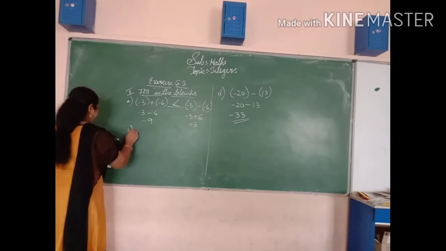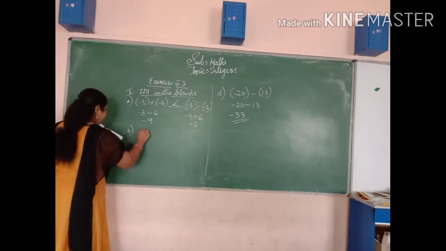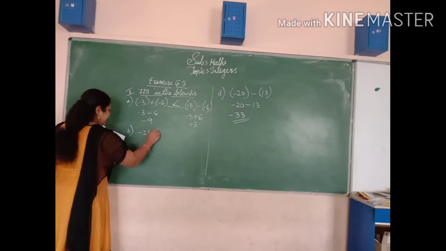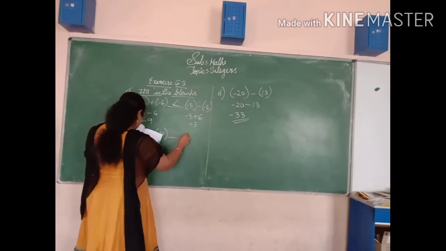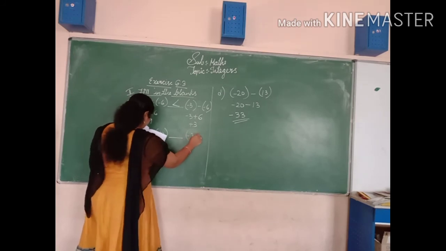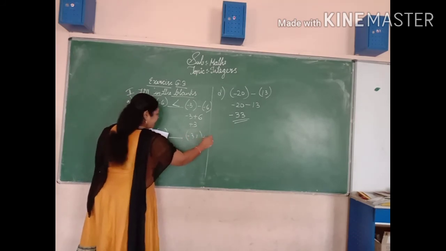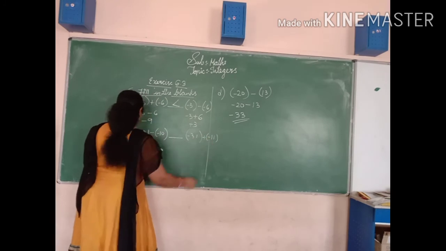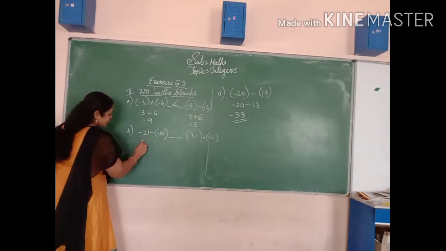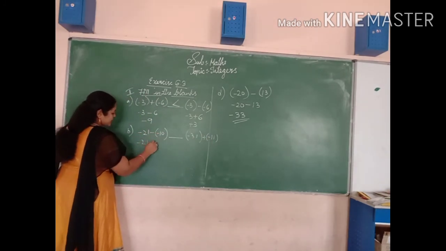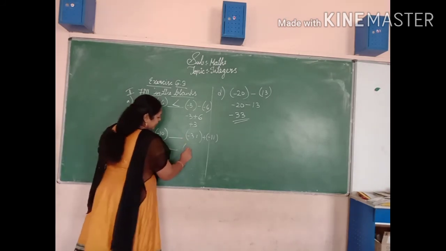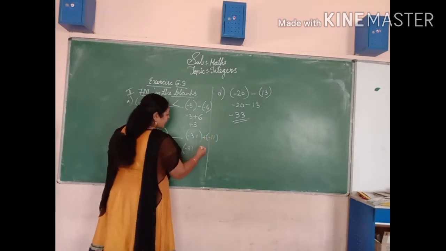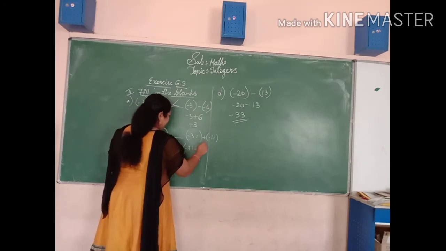So next, D1, minus 21 minus 10. Greater or lesser? Minus 31 plus minus 11. Here, minus 21 minus, minus plus 10, minus 31, minus 11.